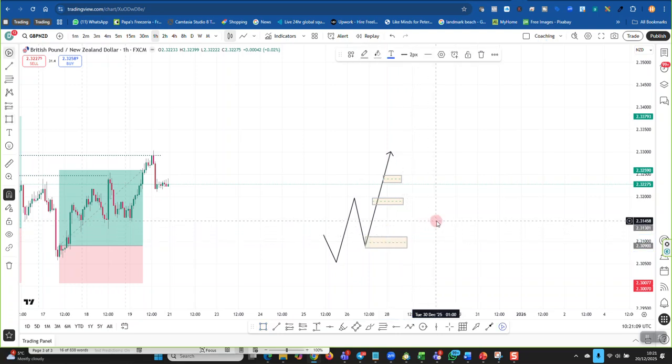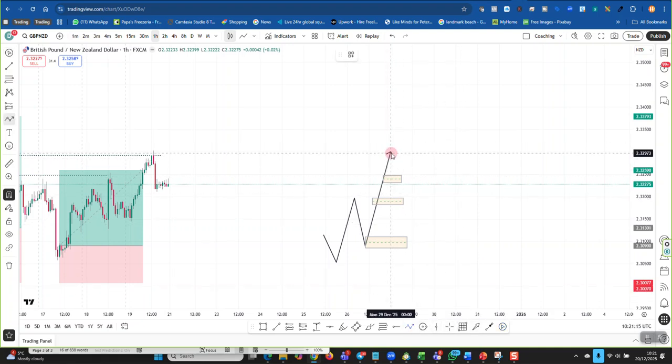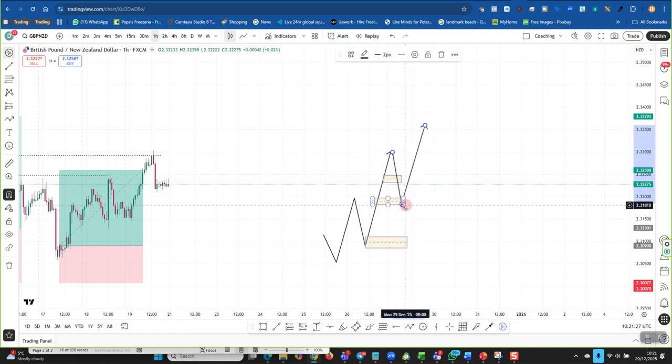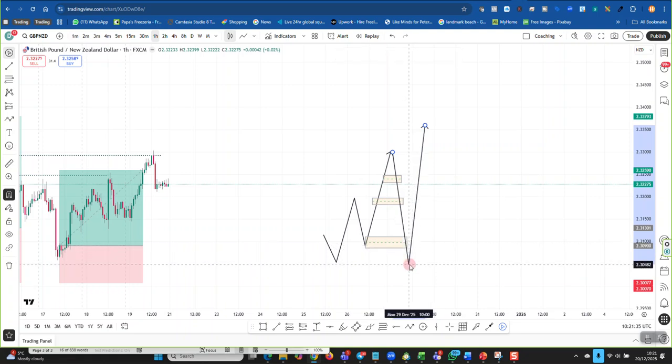So which one of these? Because price can do anything. Price can go from here to here and then go up. Or price can break through this one and push from here, or go through here and push from here, or even break this as well and move up.